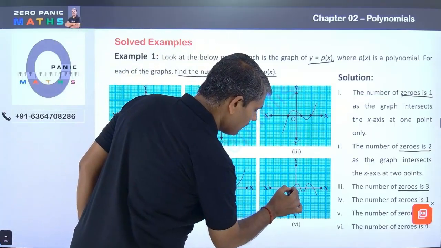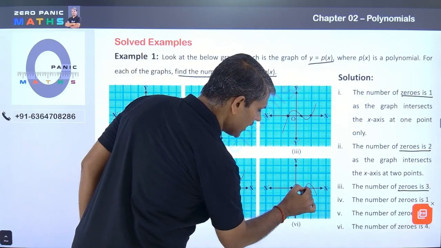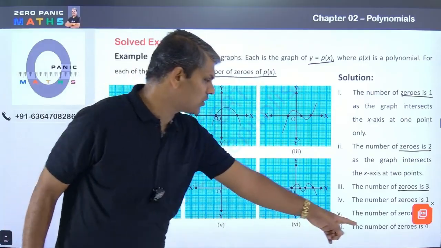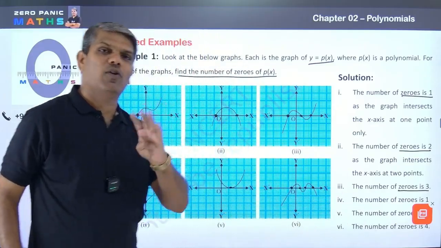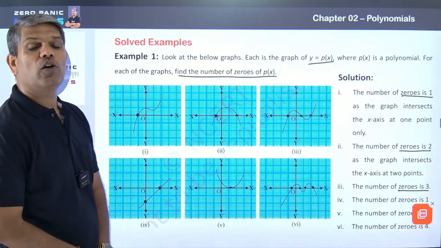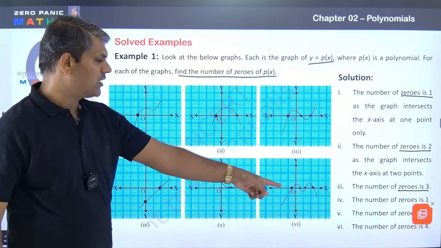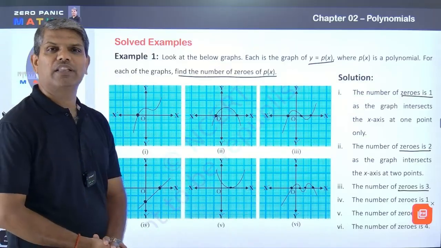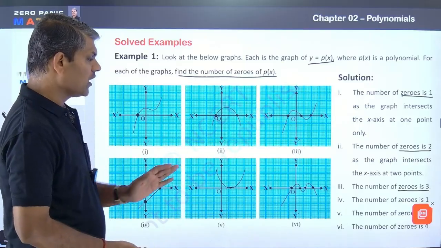Here the graph is cutting the x-axis at 4 different points. So the number of zeros for this polynomial is 4. It is actually a polynomial of degree 4, cutting the x-axis at 4 different points. This is a simple example that you can understand from the given graph.